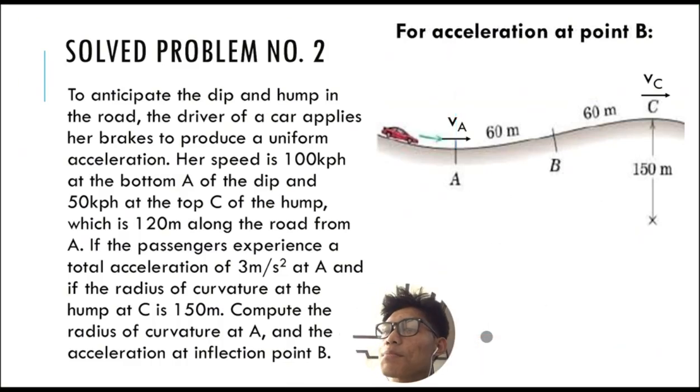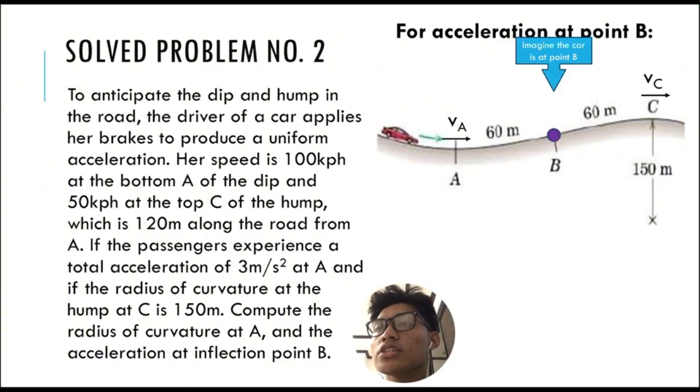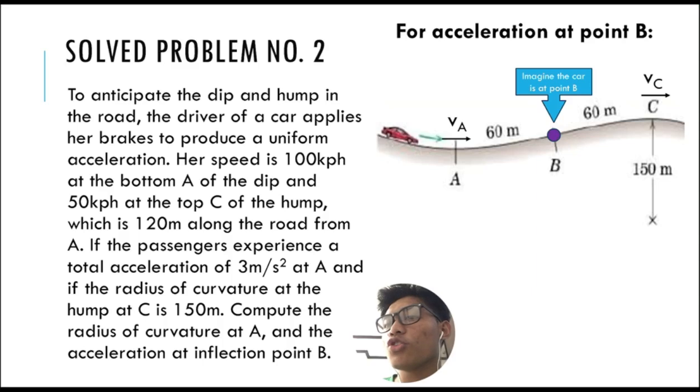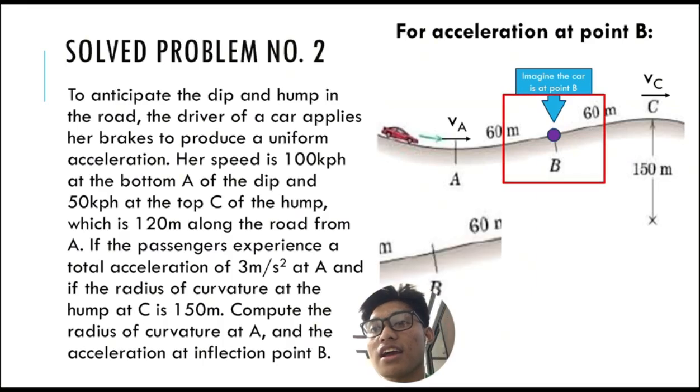Ngayon, hindi dyan nagtatapos kasi hahanapin din natin yung acceleration at point B. So, paano po gagawin natin? Assume natin na nandito yung kotse. Tandaan nyo, meron tayong acceleration at B dito. At bakit zero ang kanyang normal acceleration?